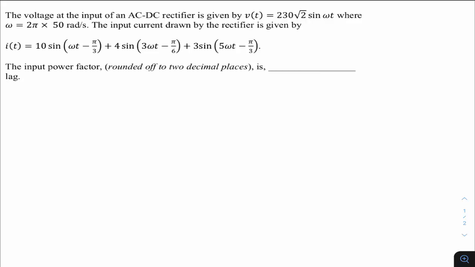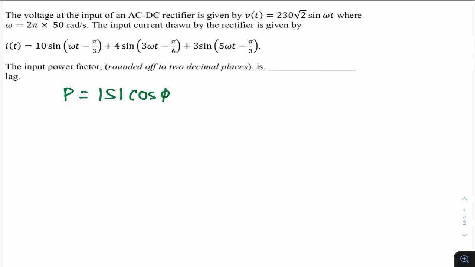What we do in this kind of case is use a well-known formula from the power triangle: P equals mod S cos phi, where P is the average power and mod S is the apparent power.